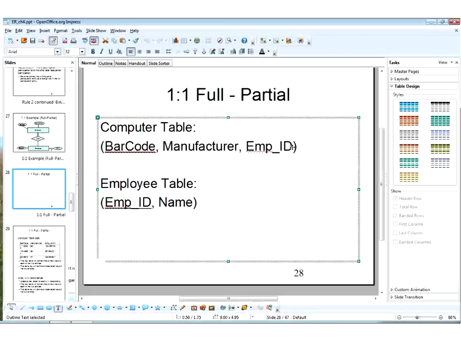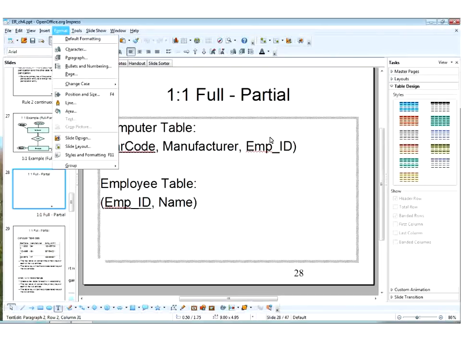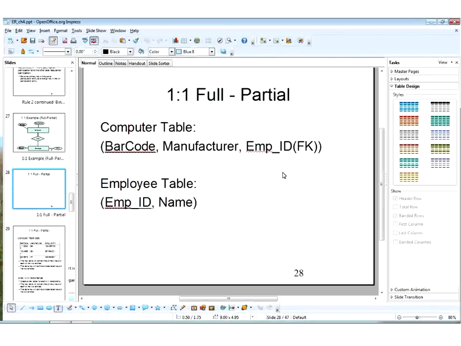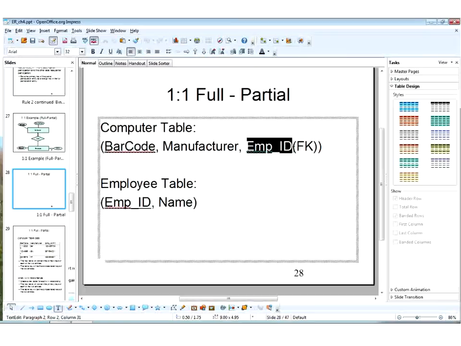That's a foreign key. You know, if I wanted to, I like to dash underline foreign keys, but I don't want to bother with it right now. So I'll just in parentheses say FK so that I know it's a foreign key. Okay. So what this does, this emp ID references this employee table. So if you look at it logically, I can store all of my employee information in this computer table just by having an emp ID.